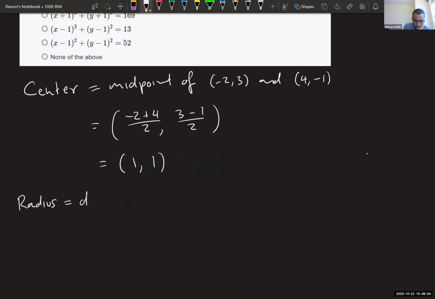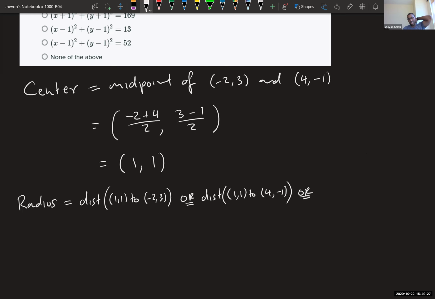It's either going to be the distance from the center to -2, 3, or the distance from the center to 4, -1.